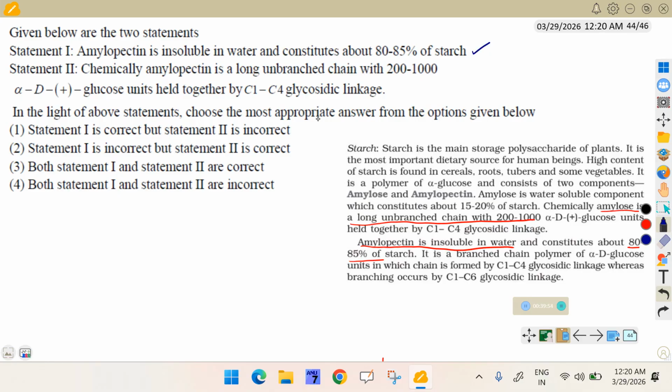Statement 2: chemically, amylopectin is a branched chain with 200 to 1000 alpha D glucose units held together by C1 C4. No, wrong. Amylose is a long unbranched chain, not amylopectin. So statement 2 is wrong. Statement 1 correct, statement 2 wrong.